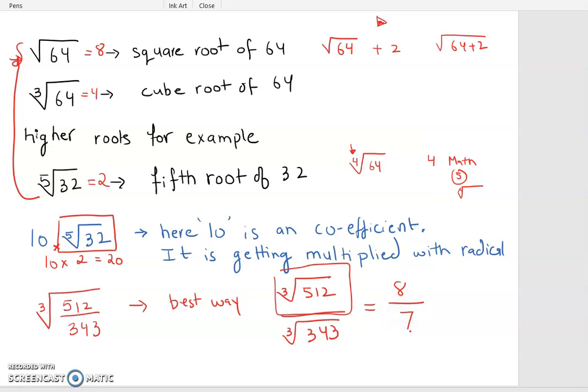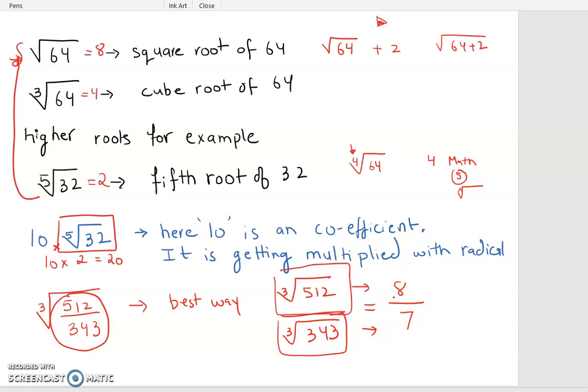So I would do this separately, and then if I need to reduce it, we all know how to reduce our fractions. But this seems to be the simplest way to deal with it when our radicand, this number inside, is a fraction. Split it into numerator and denominator, find their answers separately, write them down, and then if you need to reduce it, you can always reduce it afterwards.